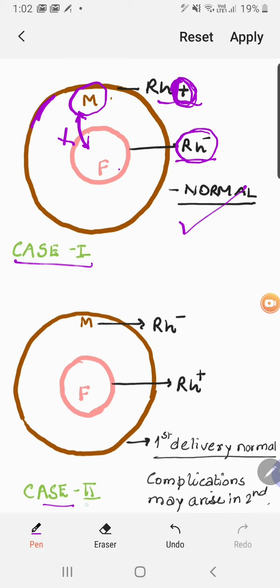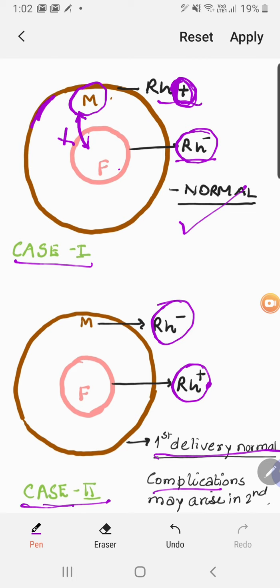But the problem arises when case 2 is encountered, where mother is Rh negative and fetus is Rh positive. That means fetus has that extra antigen on his RBC surface. Right? What happens? If you can see, the first delivery is normal, complications may arise in second. What happened, children? You need to listen to me very carefully here.